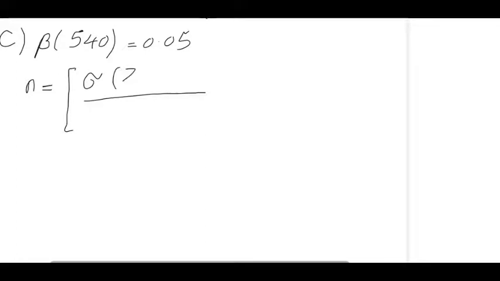So n is sigma times z alpha plus z beta divided by mu 0 minus mu prime, power 2.